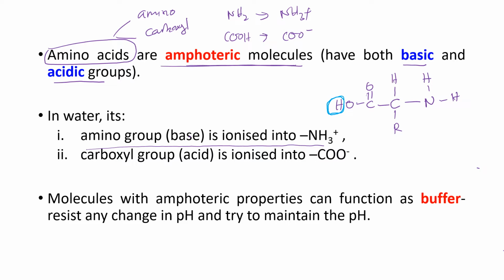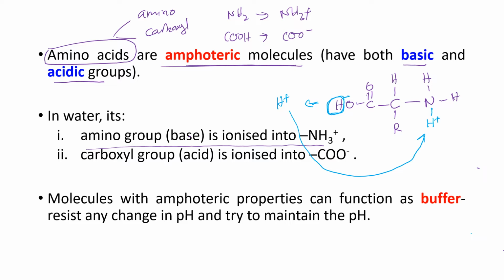This hydrogen ion will be accepted by the amino group. So this amino group will add the hydrogen ion from the solution. It becomes positively charged at the amino group region. So the amino group is ionized to become NH3 plus. The carboxyl group is ionized to become COO negative, since once the hydrogen atom is released from the carboxyl group it becomes negatively charged.